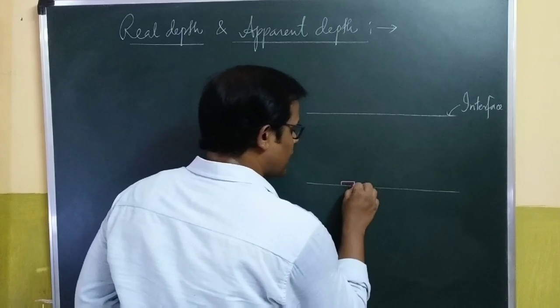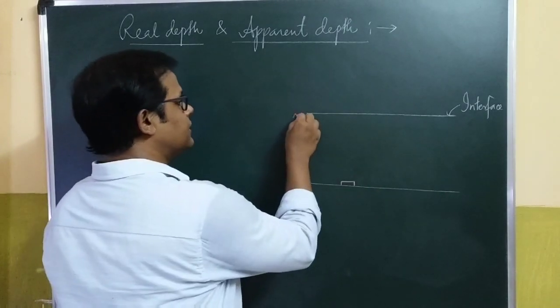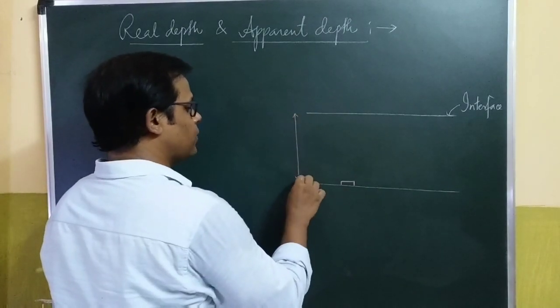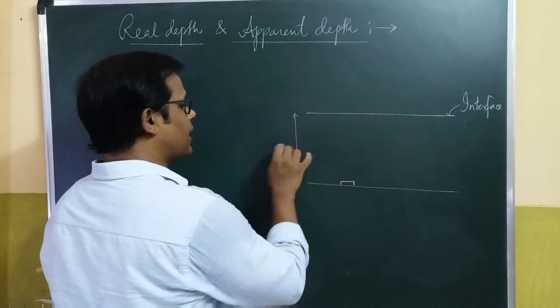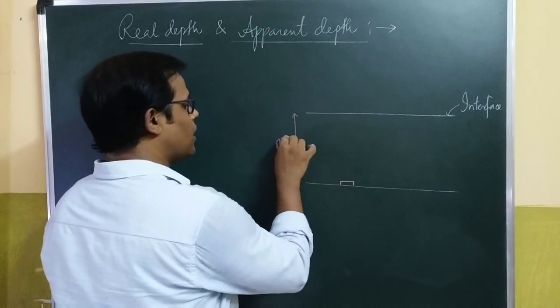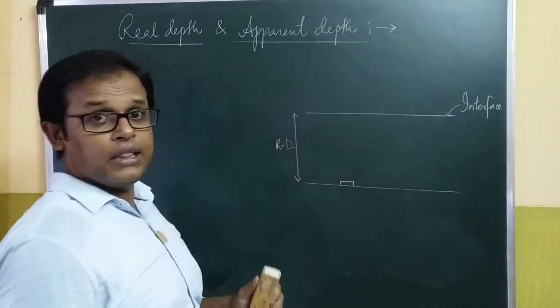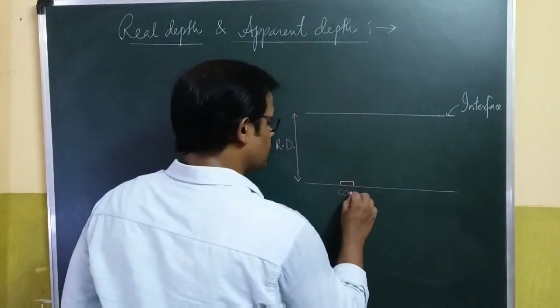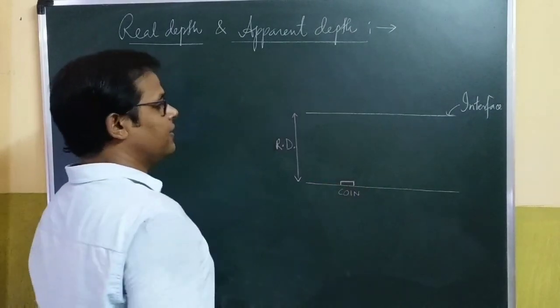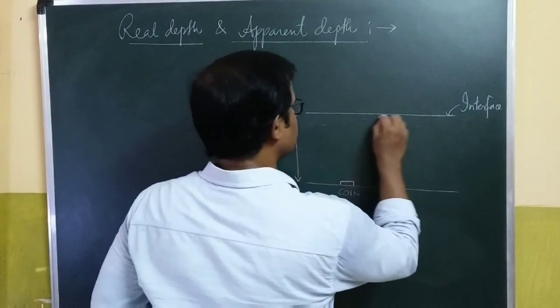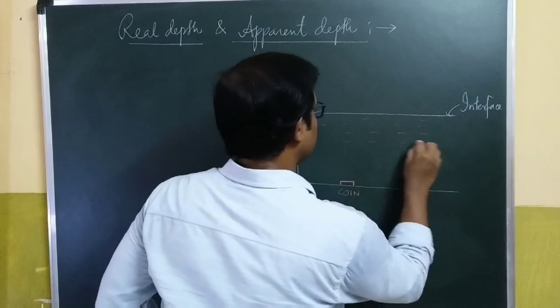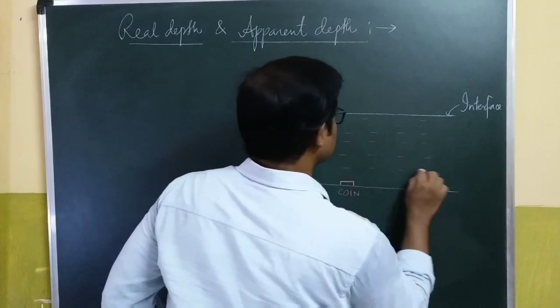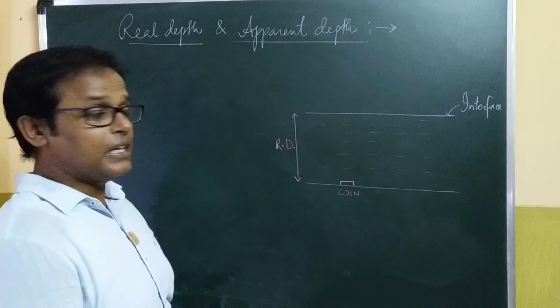So this is what I call, I will write a shortcut, RD, the real depth of the coin. This is your coin over here, and this is all clean water. Definitely a person outside this chamber can see this coin crystal clear.